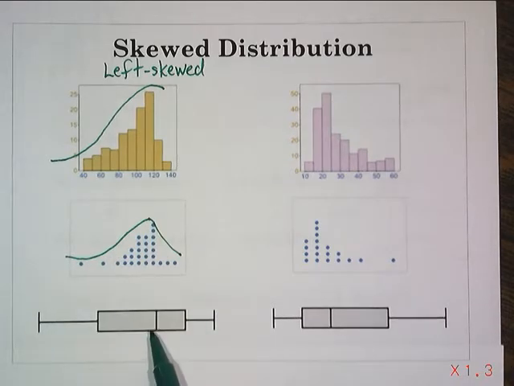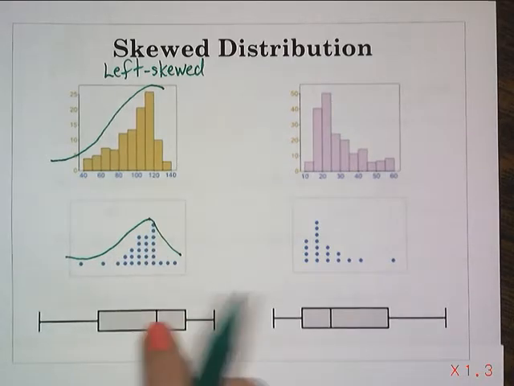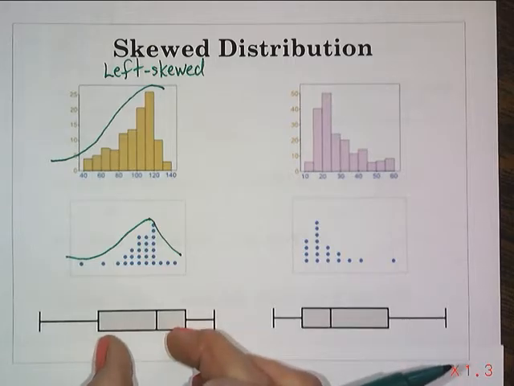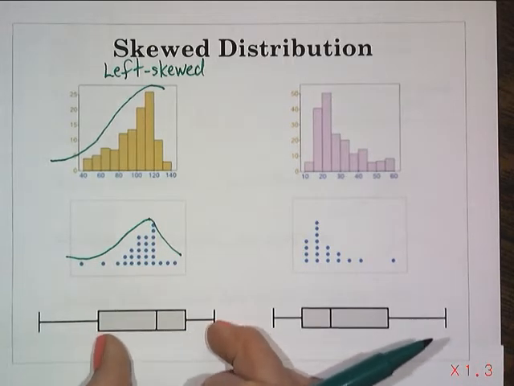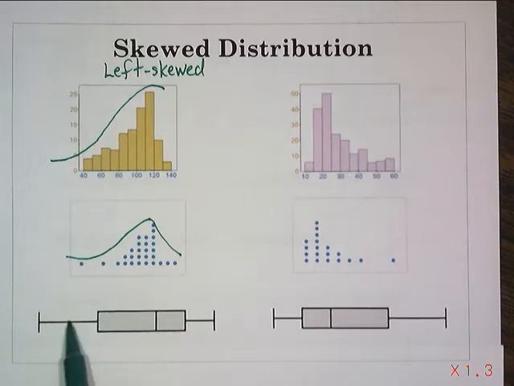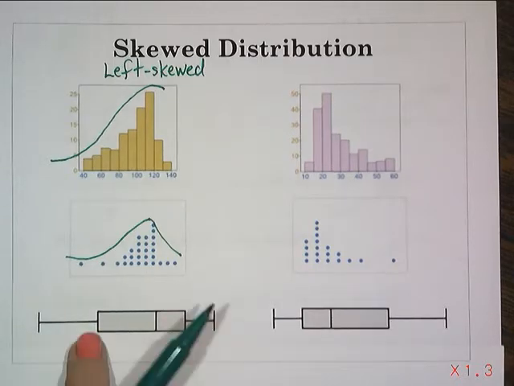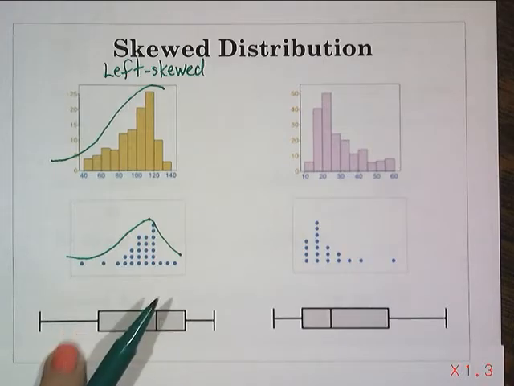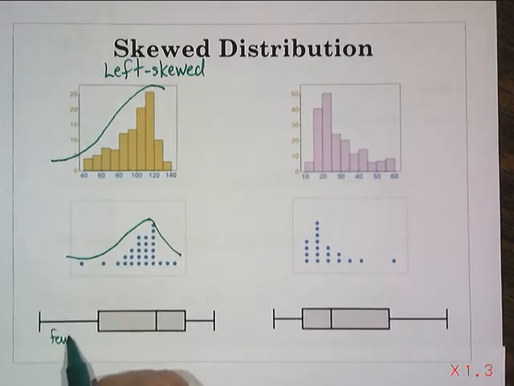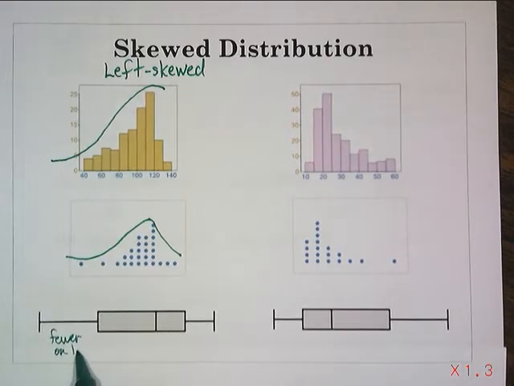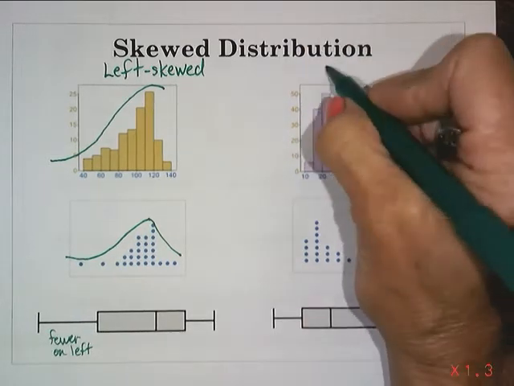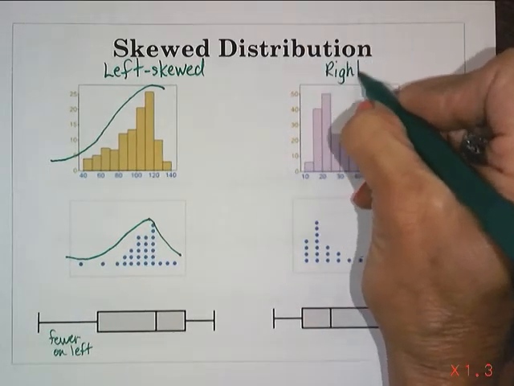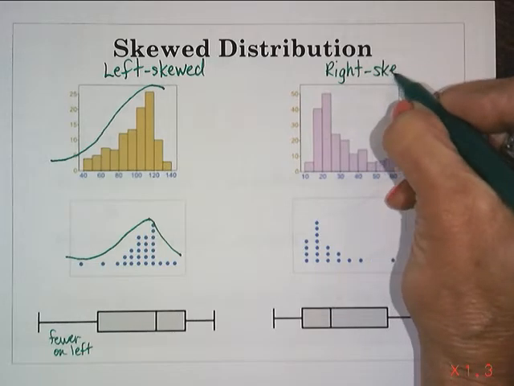When I'm looking at the box plot, I see a large chunk of data. Half the data is right here, kind of pushed to the right. A quarter of the data is over here. I've got a large chunk of data over here and a smaller, more spread out part over here. Not small values, I'm saying there's fewer data points on the left. So fewer on the left. That's why we're going to say it is skewed left. Flip side of that, these would be considered right skewed, or skewed right.